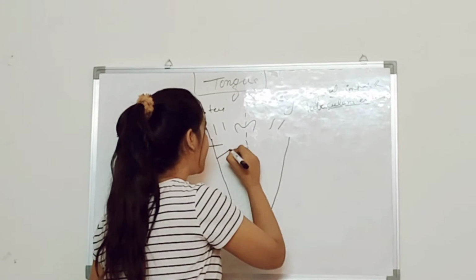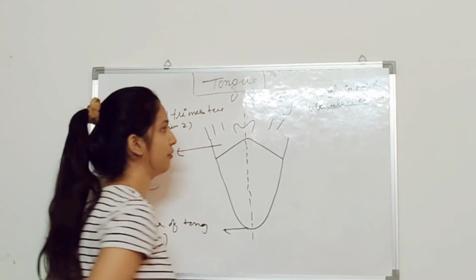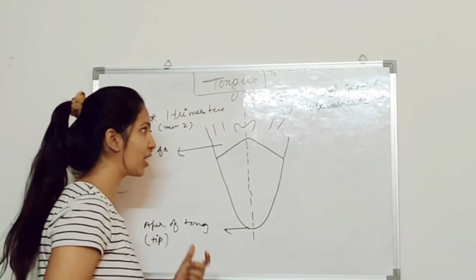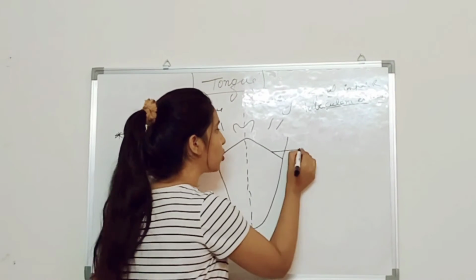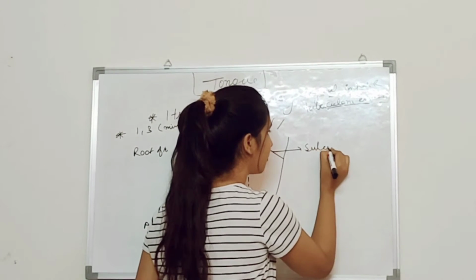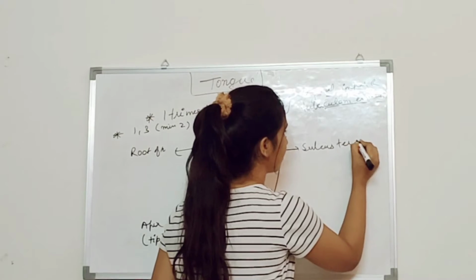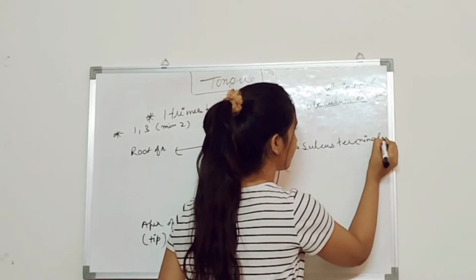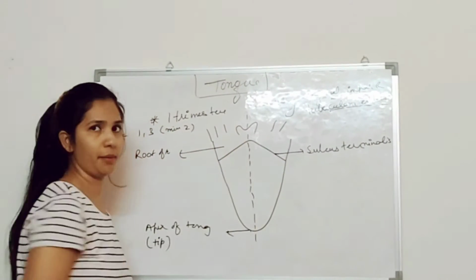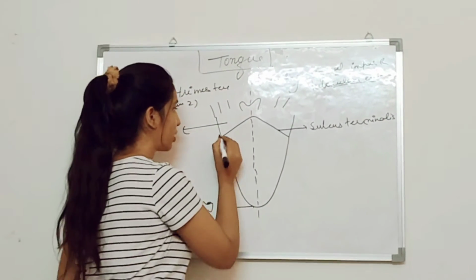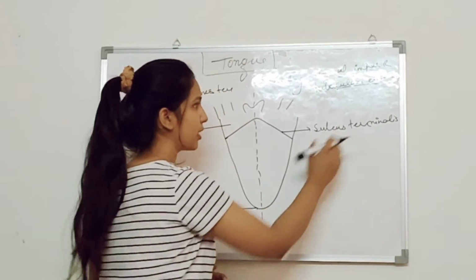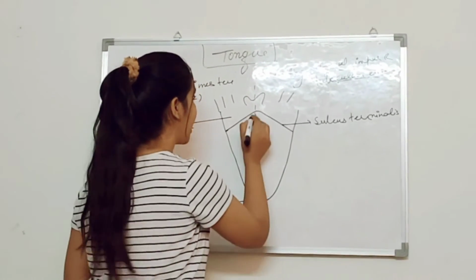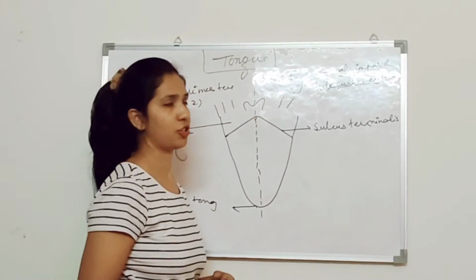We have this V-shaped demarcation on the tongue, which is known as the sulcus terminalis. What is the feature of this demarcation?